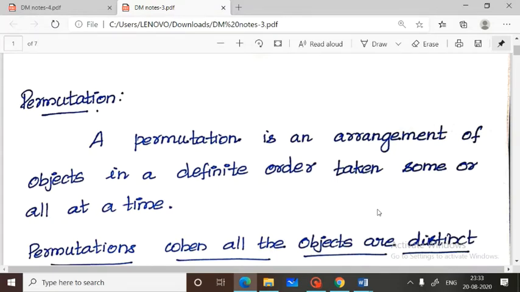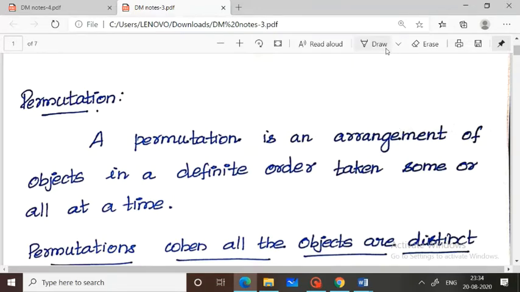So what does permutation mean? You have to know first the definition, then how you can arrange the objects. A permutation is an arrangement of objects in a definite order taken some or all at a time. That means we hear one thing: in permutation, ordering is important.